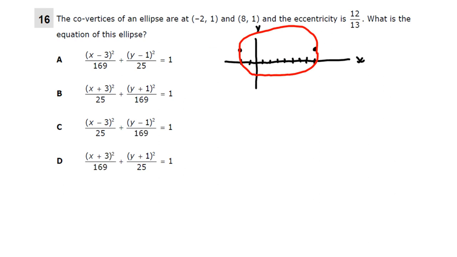That's an ugly looking ellipse. Not a whole lot better, but somewhat better. Because we're along the y-axis, 8 minus negative 2 is going to equal 10. That equals our major axis.